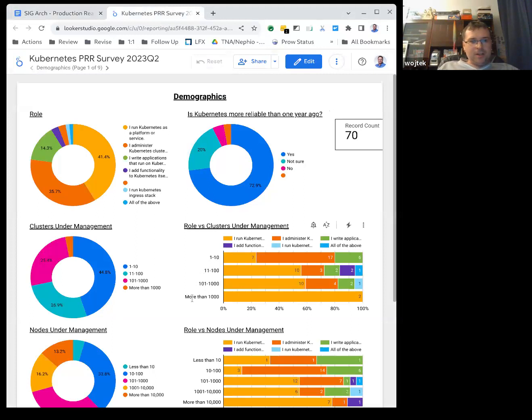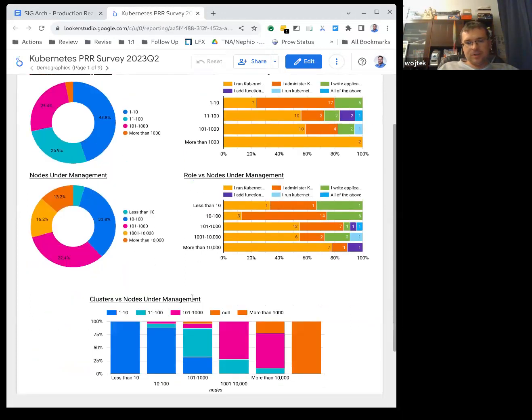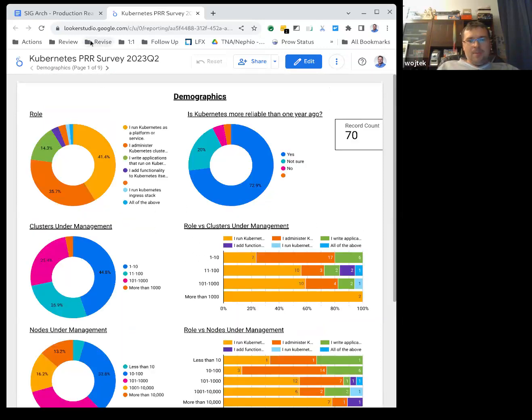The thing that is definitely important to notice is that we are slightly more lagging in terms of both the oldest version and the newest version that people are running.